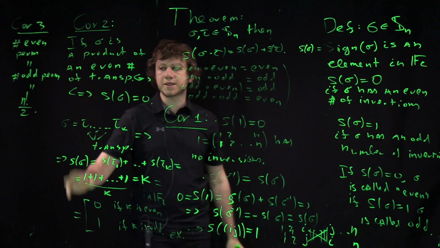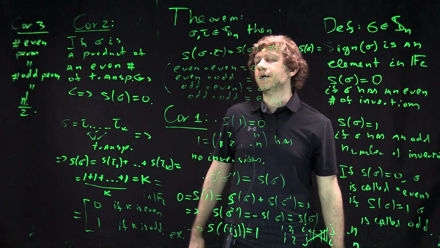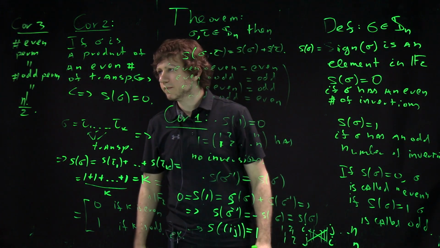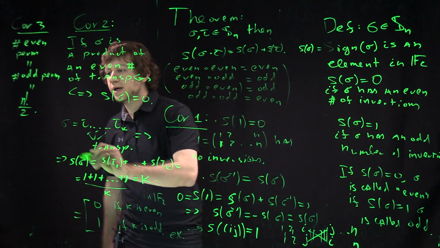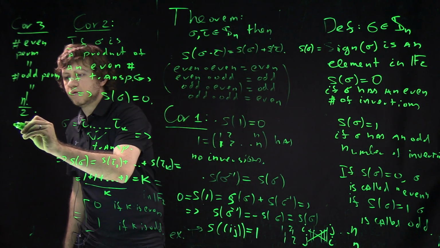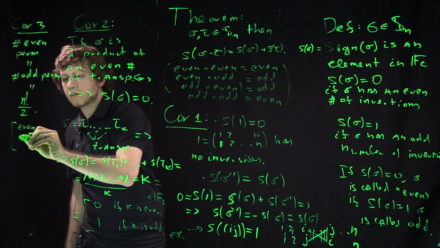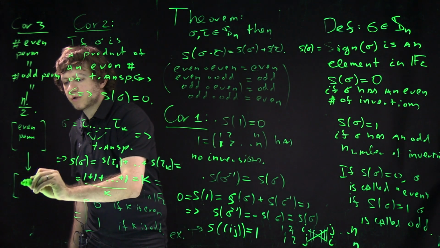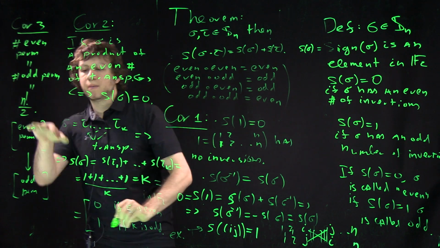And we have already seen 3 even, 3 odd for the case of S3, and similarly there will be 12 even, 12 odd for S4, and so on. So why is this true? This is true because if you take all even permutations inside Sn, and you take all odd permutations, then there is a very simple bijection.